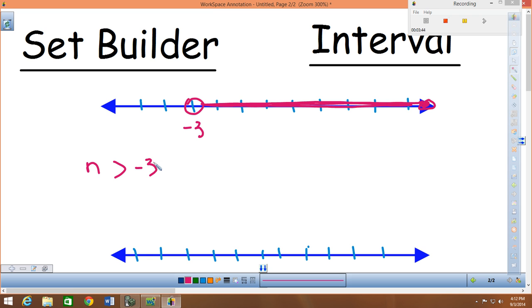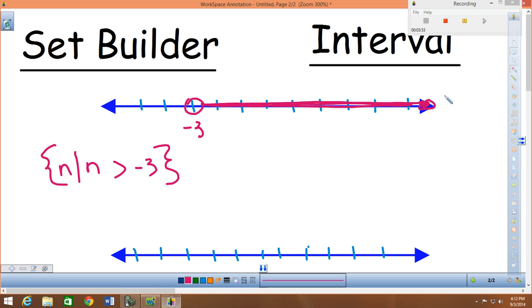In your college classes, you'll see it like this. The way that you read that is the set of n such that n is greater than -3. This circle wasn't colored in, so I don't put a bar right there. Okay. In interval notation, what you look at is your least value and your greatest value.